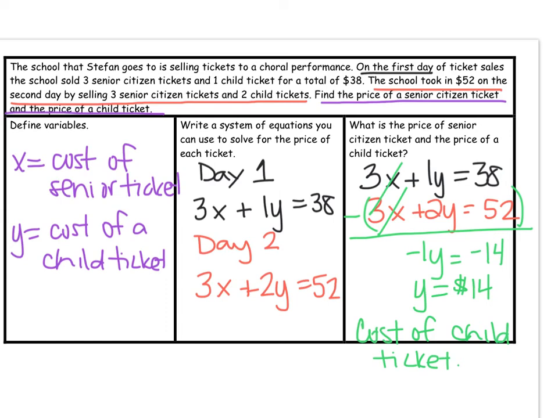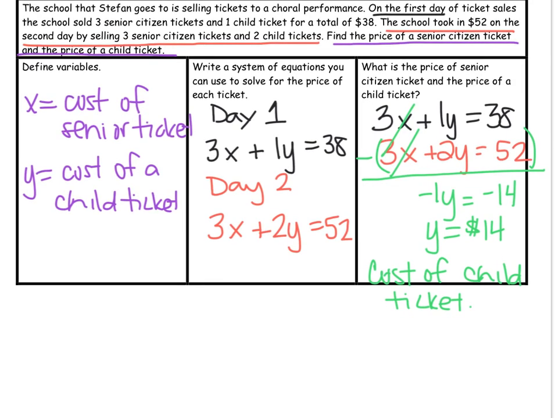Now we need to determine what's the cost of a senior ticket. So we can pick either one of these equations, 3x plus 1y equals 38 or 3x plus 2y equals 52. I'm going to pick this one to determine what x is equal to. So 3x plus 1y equals 38.